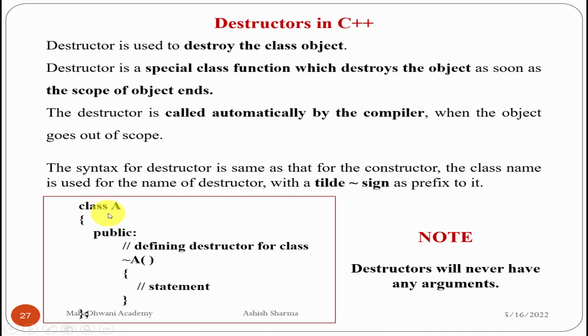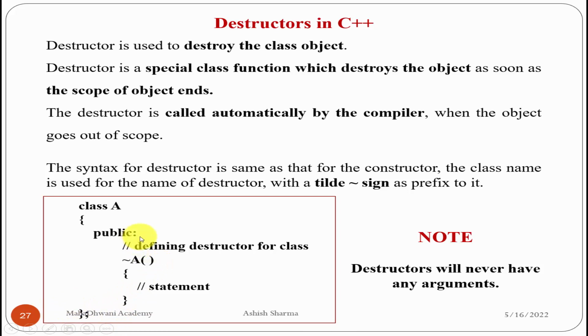So here is a class A. Inside the class A, in the public section, for defining a destructor for a class, we use the constructor name with the tilde operator. Whenever we use the tilde operator as a prefix for a constructor, it becomes a destructor. So now it is a destructor, and we put a statement here, destructor definition, and we close the class.